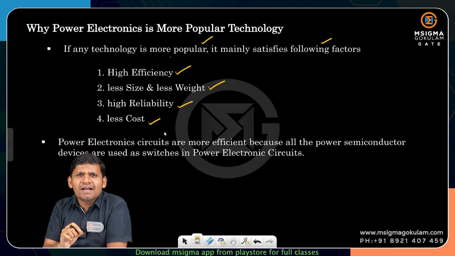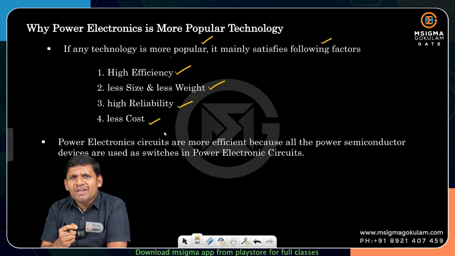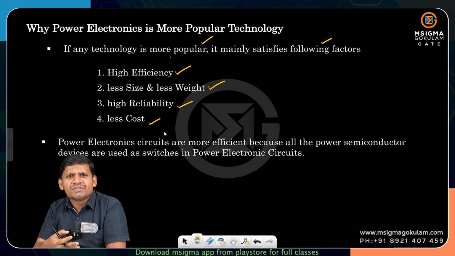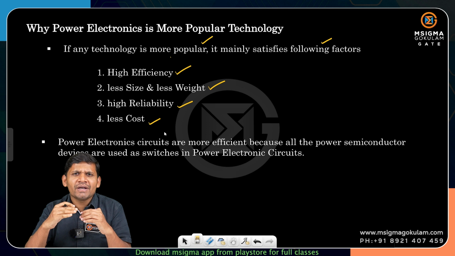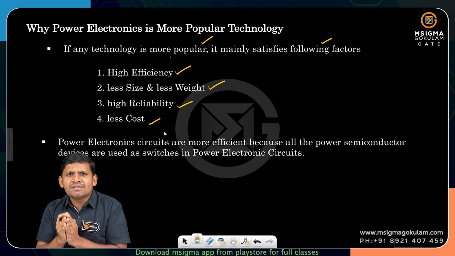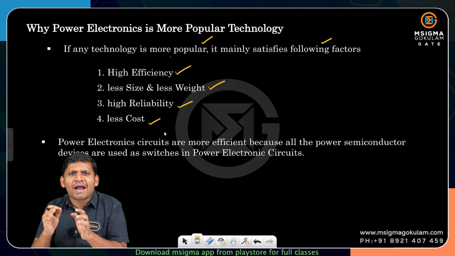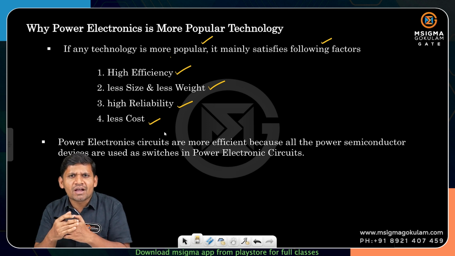If power semiconductor devices are used as switches, then those circuits are more efficient circuits because of switch mode. Sir, if it is used as a switch, why is it more efficient? Simple. I am explaining the ideal case. You can interpret the same concept for the practical case. Ideally infinity means practically high. Ideally 0 means practically less. Like that you can interpret the concept, students.